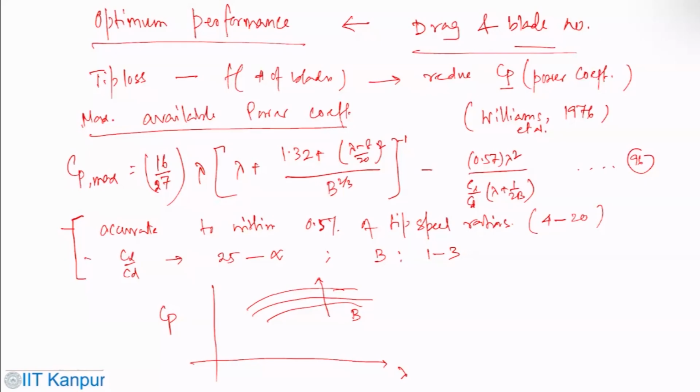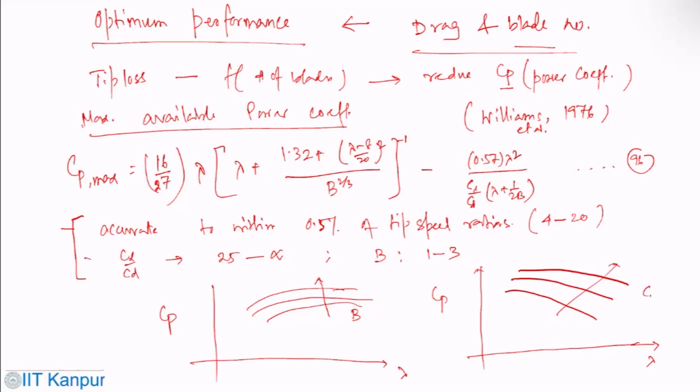Similarly, for lambda variation, you can have CP, and then different curves for increasing CL by CD.